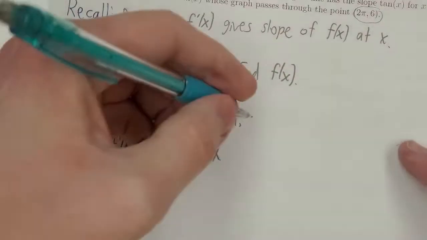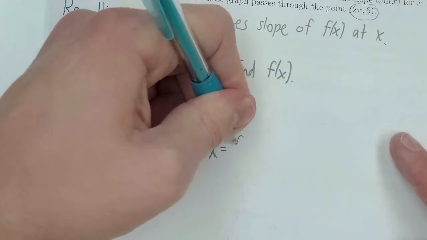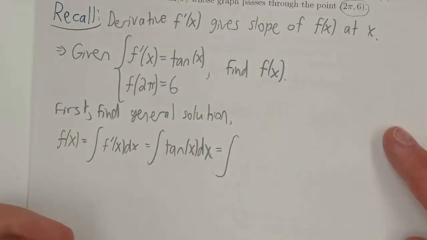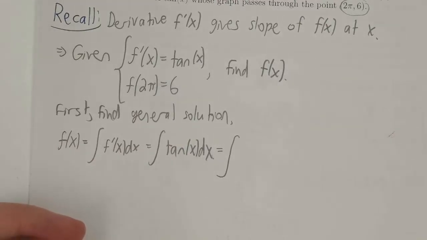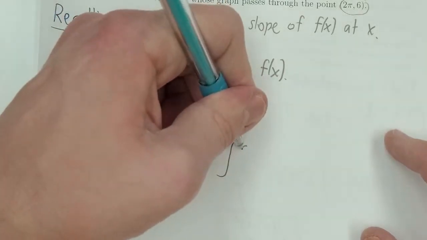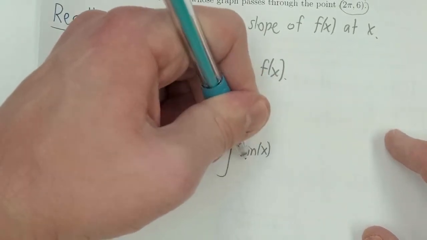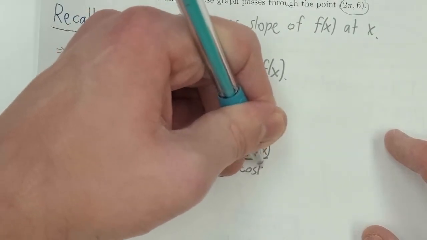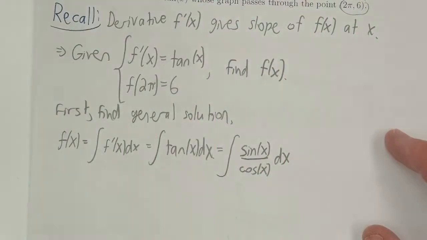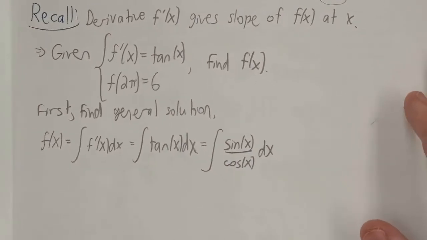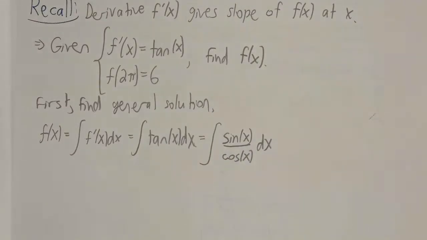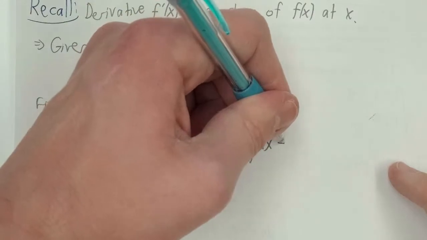But it might be a little bit clearer if we rewrite the tangent function as the quotient of what two other trigonometric functions? Sine and cosine, right? So rewriting tangent as sine over cosine, it might now be a bit clearer to see what the u substitution we need is.